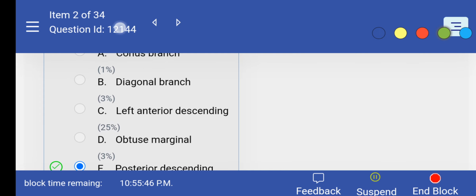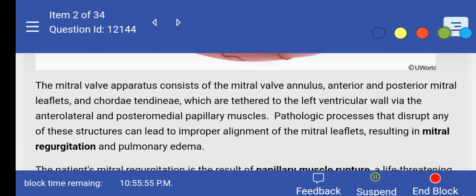Why? Let us see the explanation. The mitral valve apparatus consists of the mitral valve annulus, anterior and posterior mitral leaflets, and chordae tendineae, which are tethered to the left ventricular wall via the anterolateral and posterior medial papillary muscles.